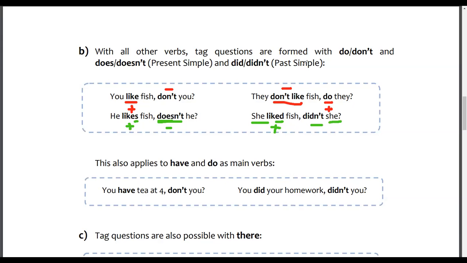Something that I always clarify is that you may start with a name, a proper name, a common name, or a personal pronoun, but here, yes or yes, you need to have a personal pronoun at the end, okay? Always remember, intonations are very important whenever you're asking a question tag, okay?